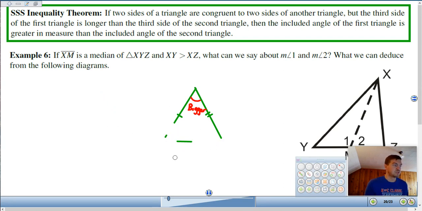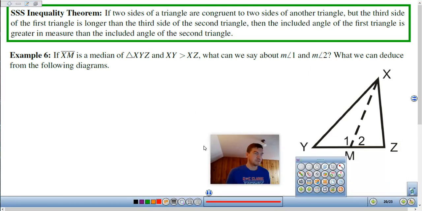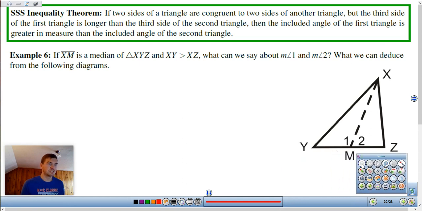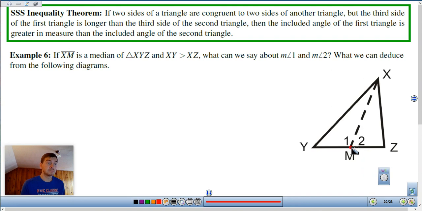In the diagram, they told me that segment XM is a median. So from X to M is a median. If you recall, we draw a median from the vertex to the midpoint, which tells me that these are the same. And for these two triangles, that means they have two sides that are the same.